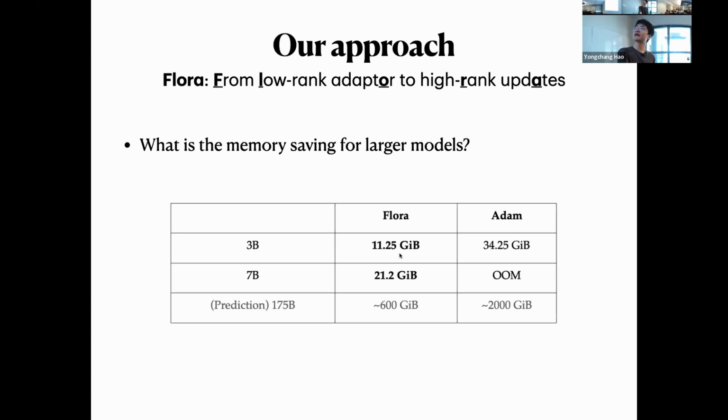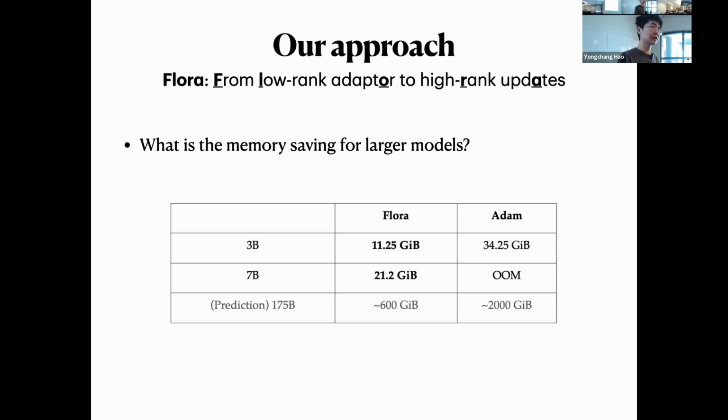For 3B, we have 11.25 GB, where Adam has more than 30. And for the 7B model, we have 21, which is less than 24 GB, the largest available memory for a consumer-level GPU. While Adam had an out-of-memory issue even on a 48 GB memory device.